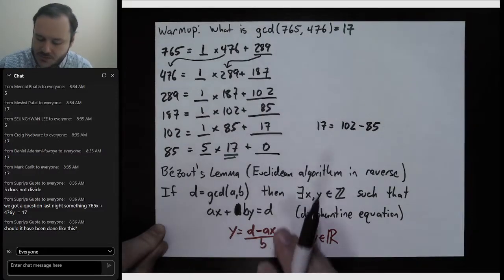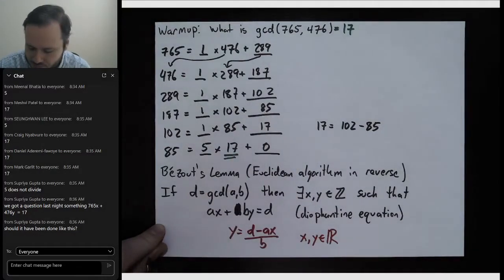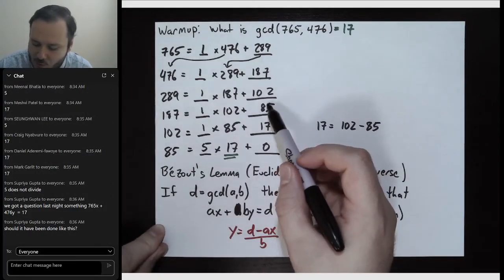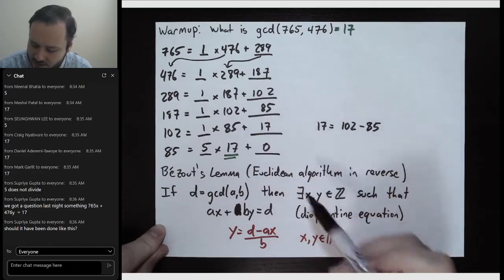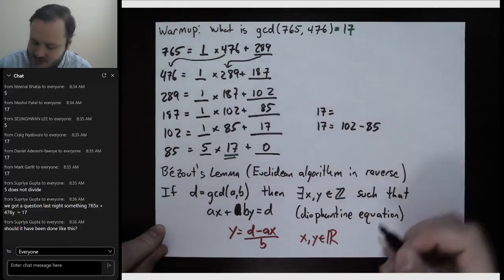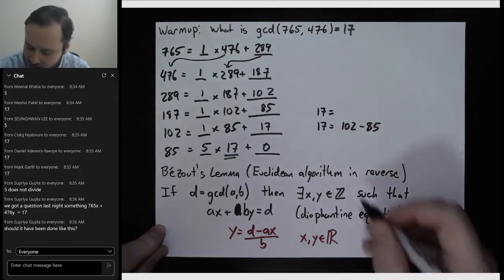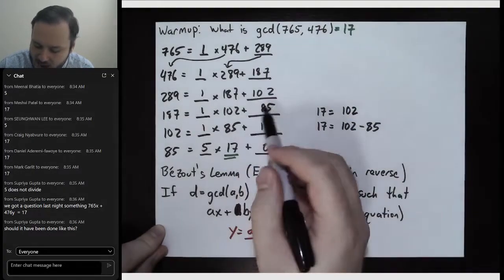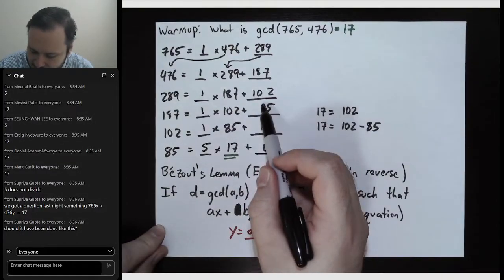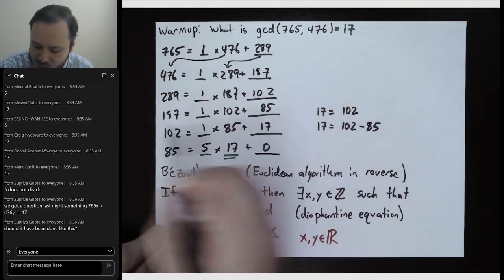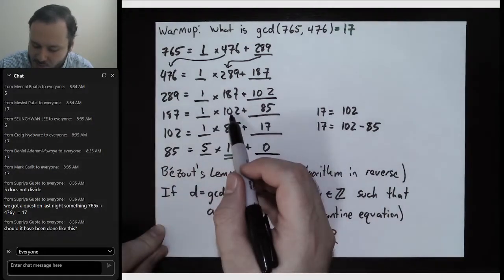And now I move a step up. And in this next step, I'm going to find a better way of writing 85. So this side's never going to change. This is still 17 equals. And I'm going to leave my 102 for the moment. But now, instead of writing 85, I'm going to say, what's 85 equal to? 85 is equal to 187 minus 102.